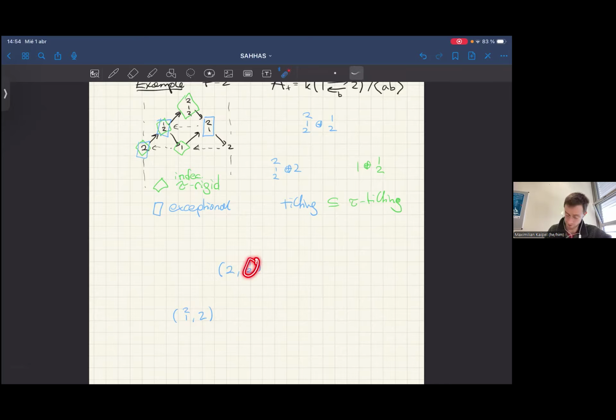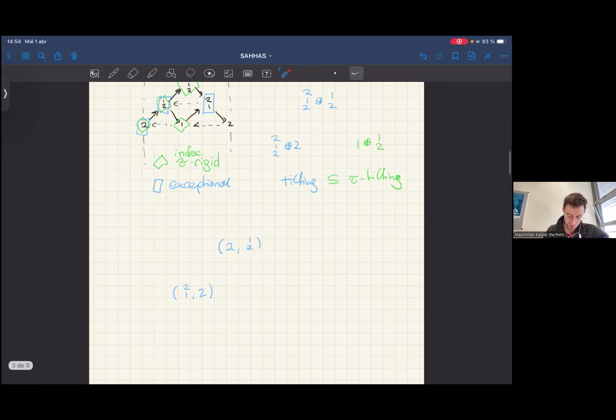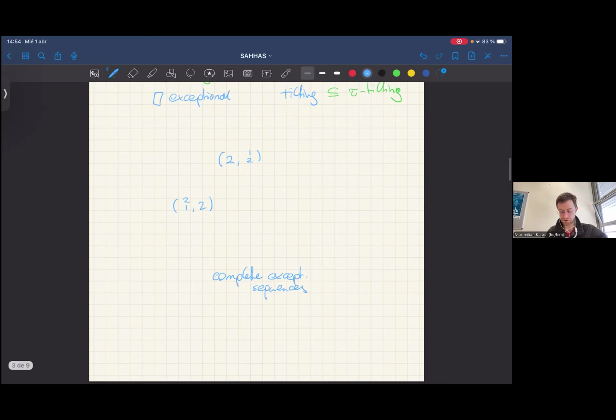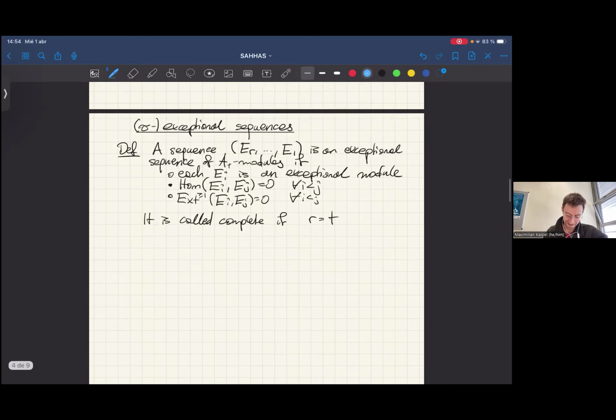I always have to remember which way around this goes. We have one the other way again. So these are our exceptional modules. It's just, sorry, complete exceptional sequences. Complete exceptional sequences are these two. Okay, leaving some space to fill in some stuff later.